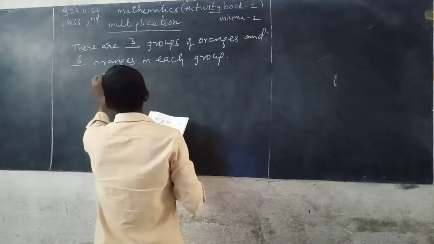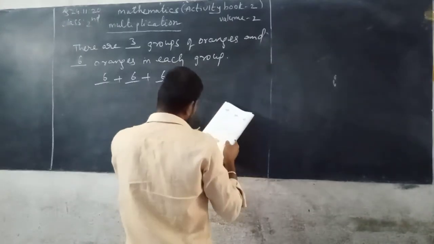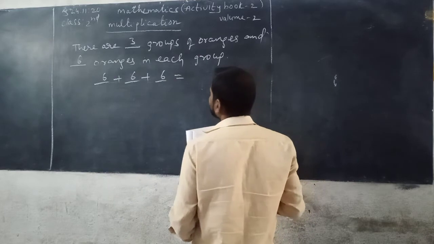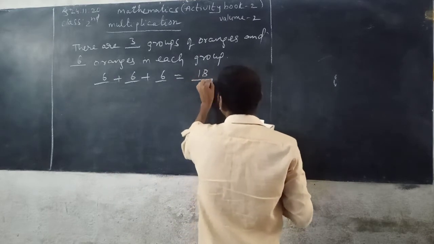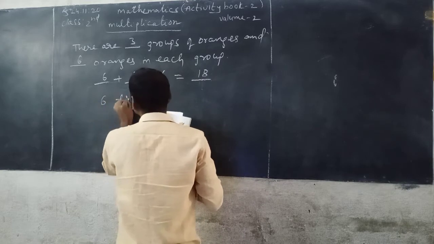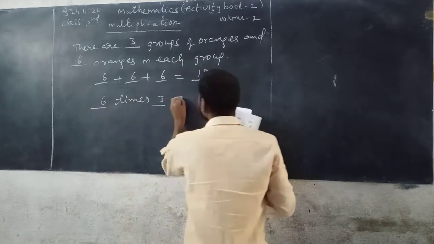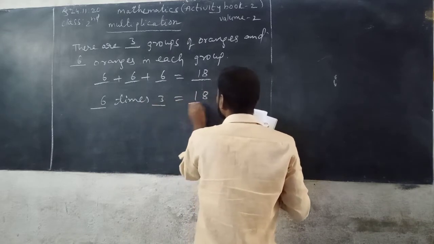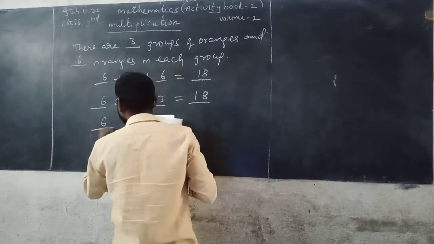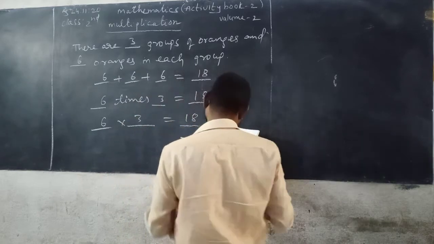Now 6 plus 6 plus 6: 6 plus 6 is 12, 12 plus 6 you can get 18. Now 6 is repeated how many times, beta? 3 times. 6 3s are 18. Then it can be written as 6 into 3. So 6 3s are 18.